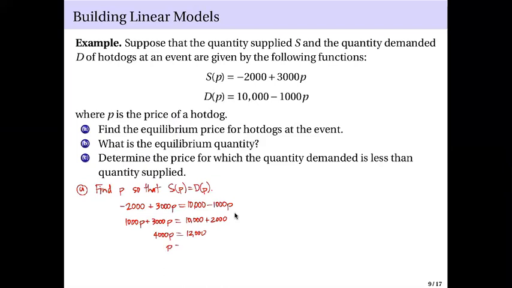And therefore, P equals 12,000 divided by 4,000, and that's equal to 3. So the equilibrium price, let's say this is in dollars, is $3.